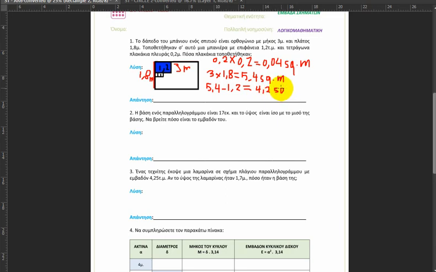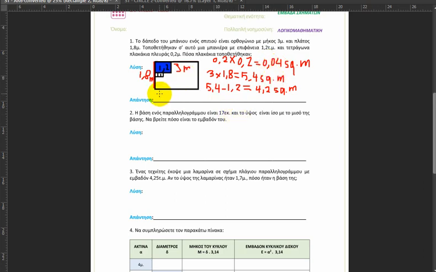And that's the entire area that is left that needs to be filled with tiles. So what we need to do is divide this with this.